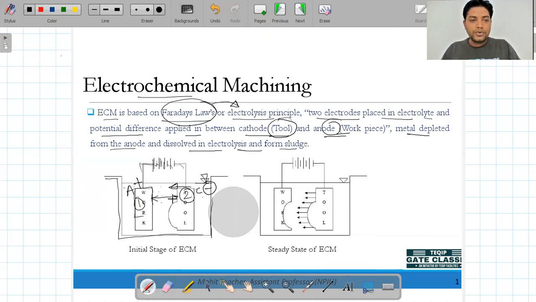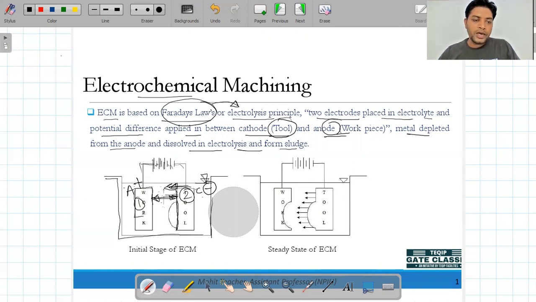When we move toward this side, there will be some minimum gap. For example, assume initially that this surface is flat, and the surface of this tool is also flat. We maintain this gap, and if, when it reaches steady state, the material is still not depleting, meaning not being released from the workpiece area, then we provide the feed to the tool.